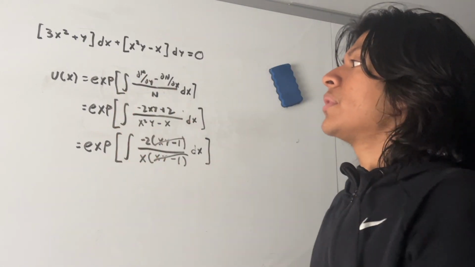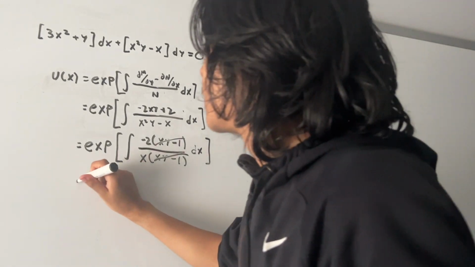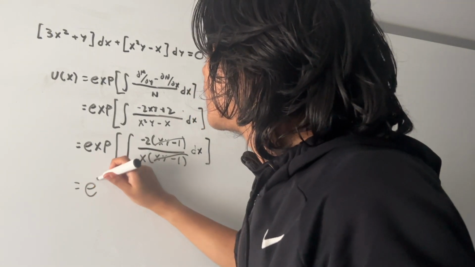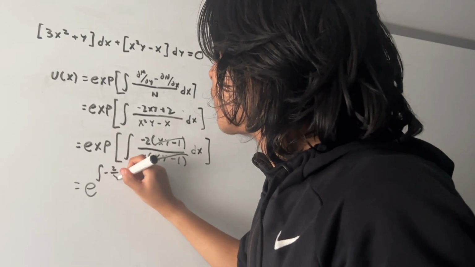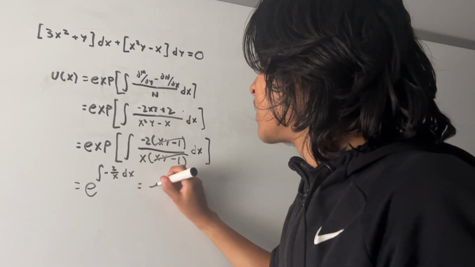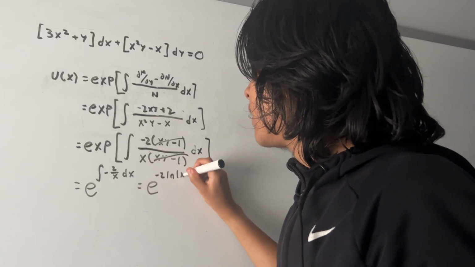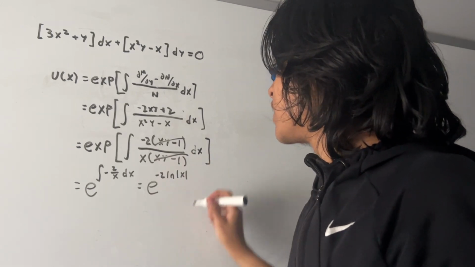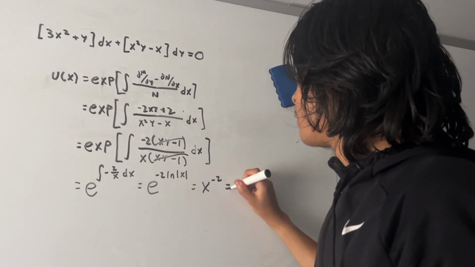So for this problem, our integrating factor is just a function of x. So now we're just left with e to the power of the integral of -2 over x dx, which then turns into e to the -2 ln of x, and this just turns into x to the -2.